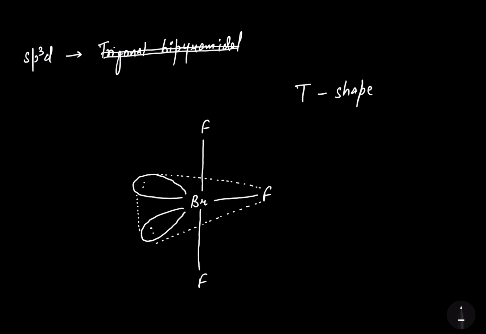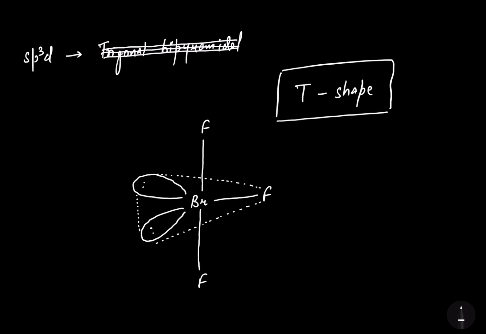The structure of BrF3 containing 2 lone pairs in the main structure with the hybridization of sp3d will be named as T shape. So the name of BrF3 geometry in sp3d hybridization with 2 lone pairs on the equatorial position is named as T-shape structure. So this is the T-shape structure.